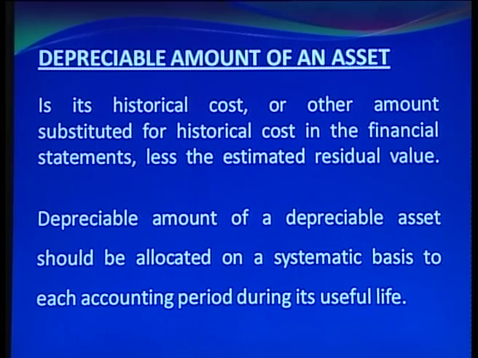It is defined as: depreciable amount of an asset is its historical cost or other amount substituted for historical cost in the financial statements, less estimated residual value. In layman's language, we can say historical cost minus the residual value is the depreciable amount of the asset.